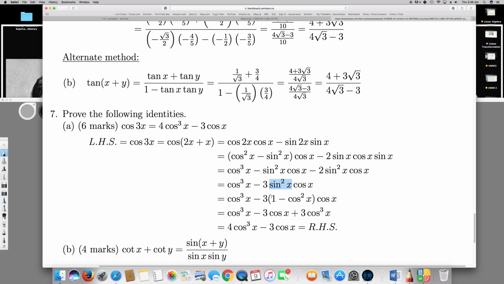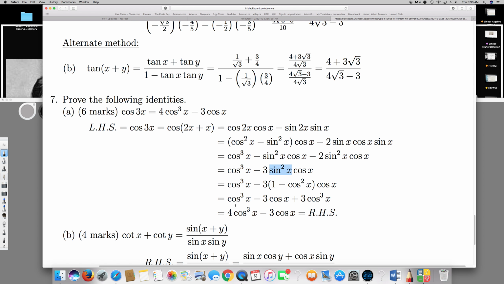Therefore I can write it as cos cube x minus 3, with 1 minus cos square x in the bracket, times cos x. Then I expand it as cos cube x minus 3 cos x plus 3 cos cube x, because I multiply the bracket by cos x.